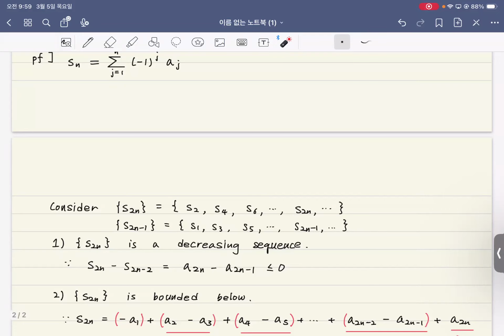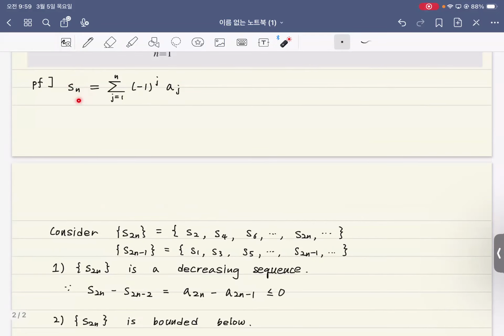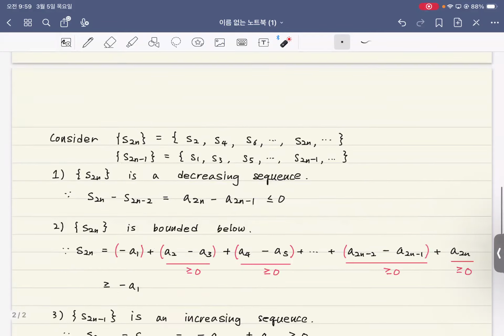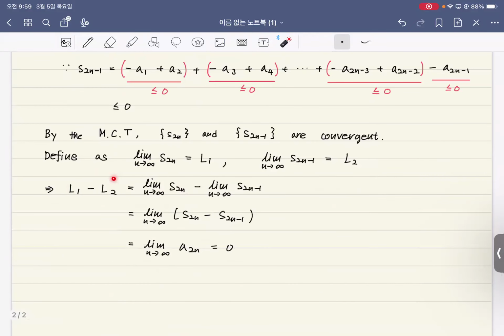Therefore, the original partial sum sequence should also be converging to the same number, which is both L1 and L2. So this ends the proof.